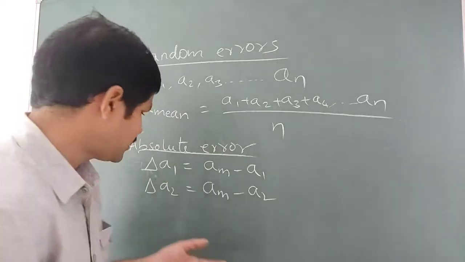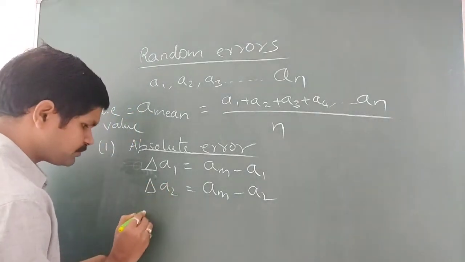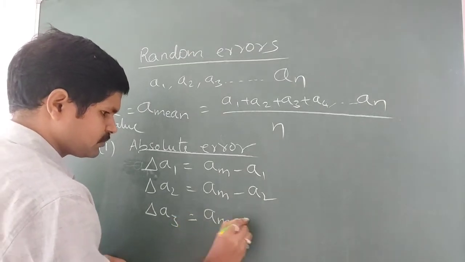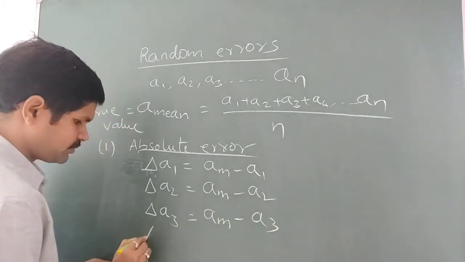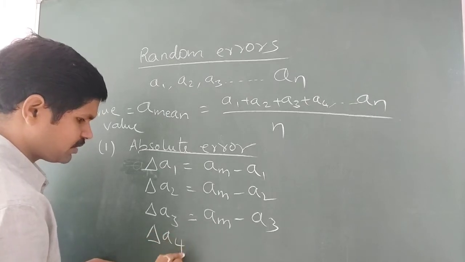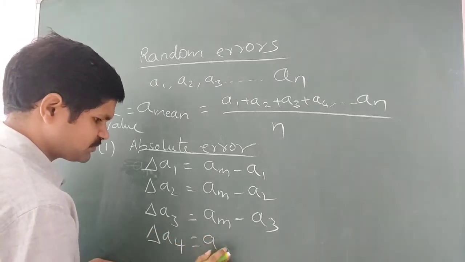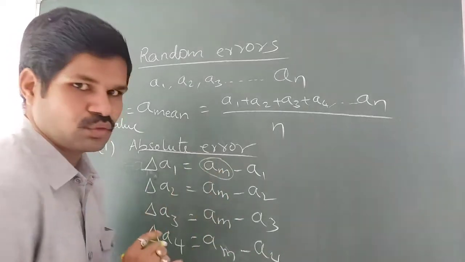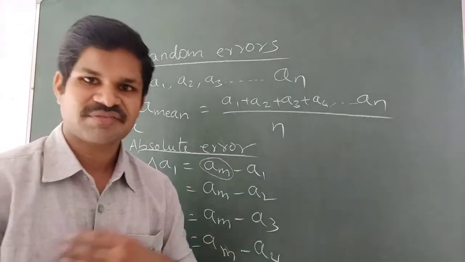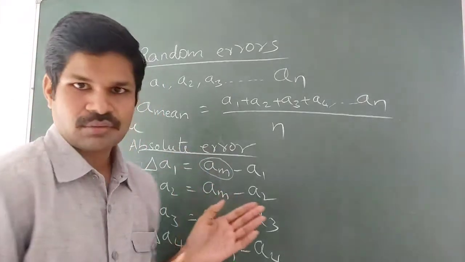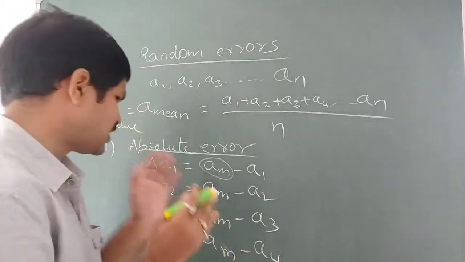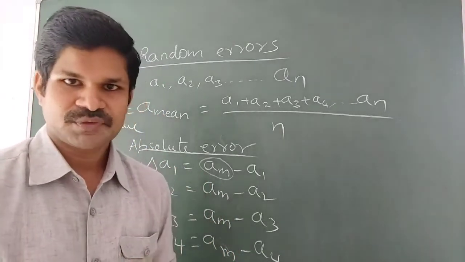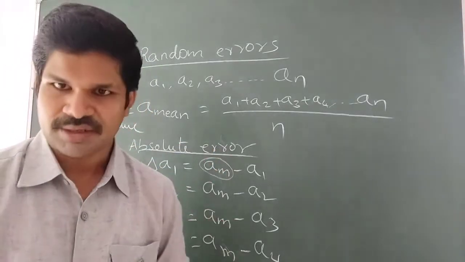So here we need to find the values of delta A3, delta A4, and so on using this process, considering AM as the true value. How much difference is there between the true value and the observed value? That is called absolute error. This is one type of error.